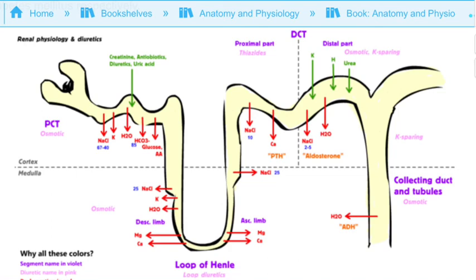At the proximal part of the distal convoluted tubule is where the thiazide diuretics act, while at the distal part, there's a site for osmotic and potassium sparing diuretics, and the collecting duct is the site of action for potassium sparing and also osmotic diuretics.